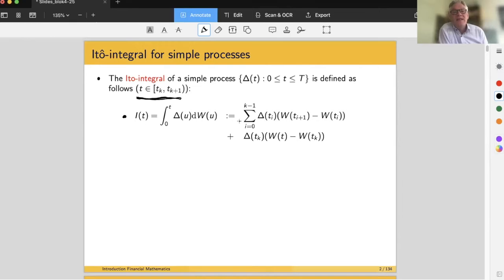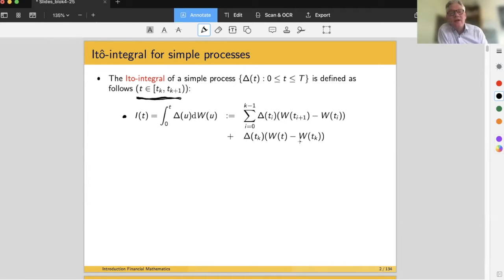And we define it as the sum, i runs from 0 to k minus 1, of Delta_{t_i} times the Brownian increment W_{t_{i+1}} minus W_{t_i}. This is for all the elements up to t_k. So Delta_{t_{k-1}} times (W_{t_k} minus W_{t_{k-1}}) is the last of these intervals.